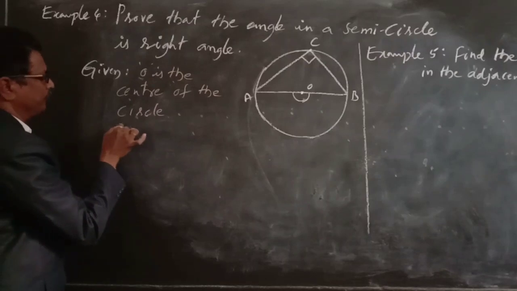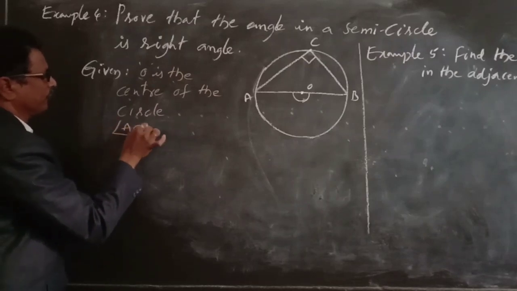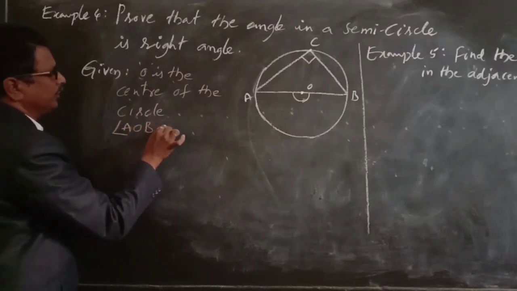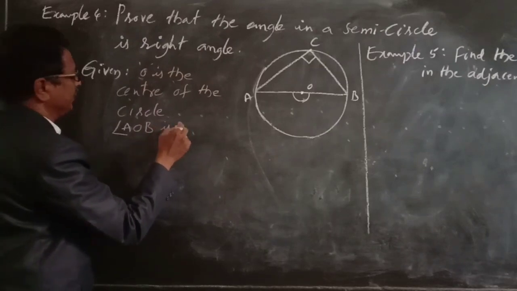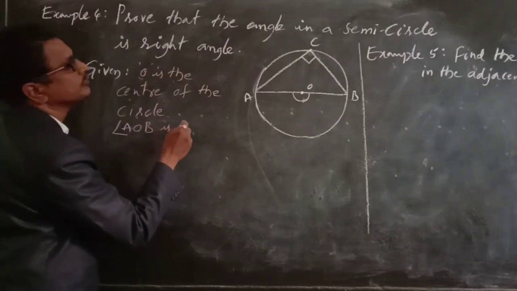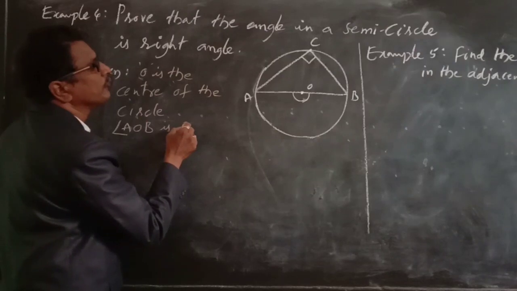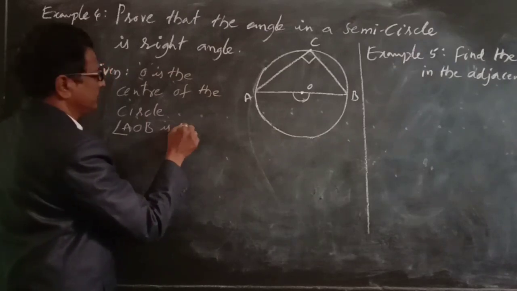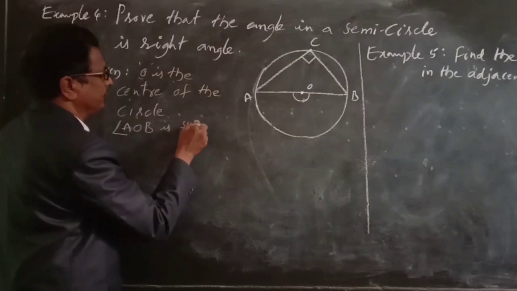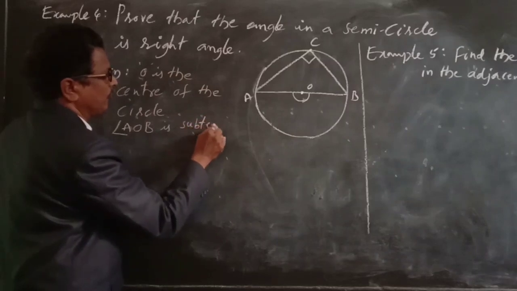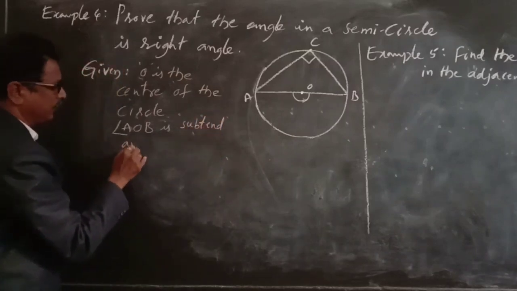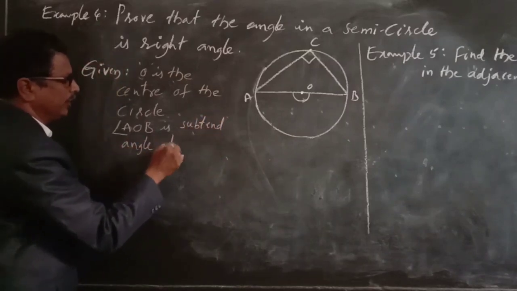Angle AOB in the semicircle is the angle subtended at the center.